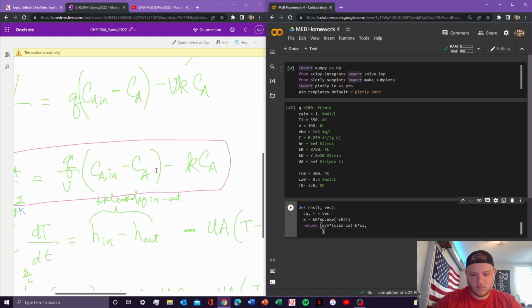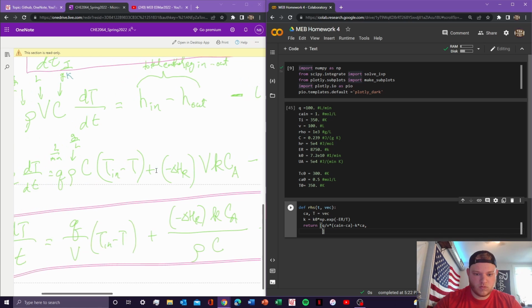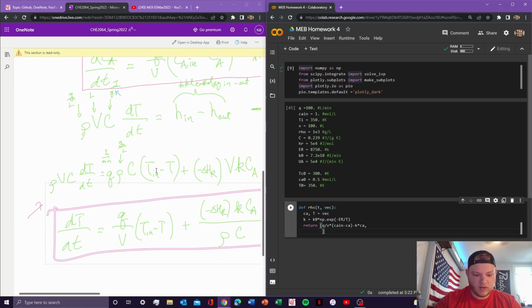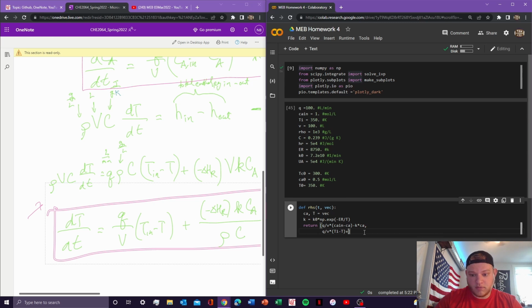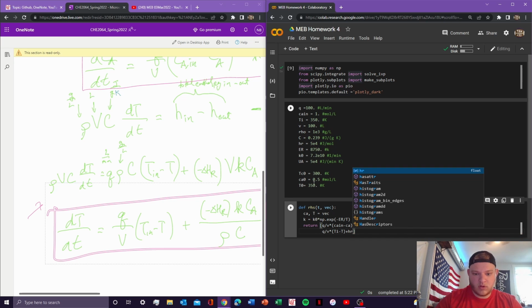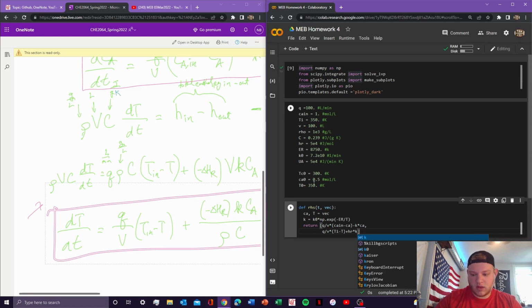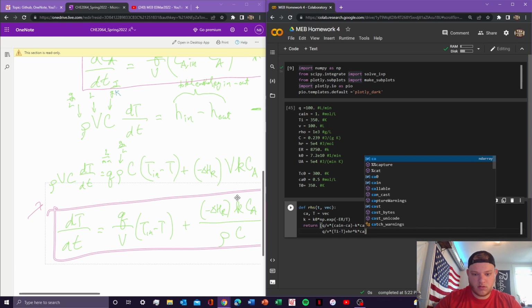Second equation is the flow rate divided by the volume, again, times temperature going in, TI, minus the temperature, plus the HR times K times CA.